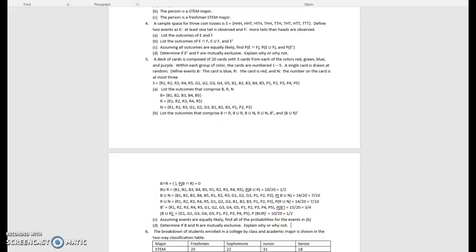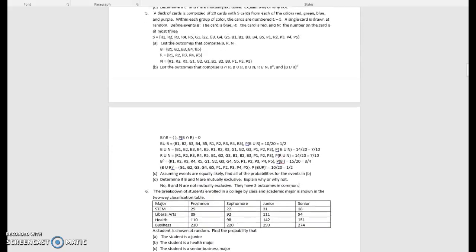So our answer to D is no. B and N are not mutually exclusive. They have 3 outcomes in common. And of course, it only takes one for them to be not mutually exclusive.